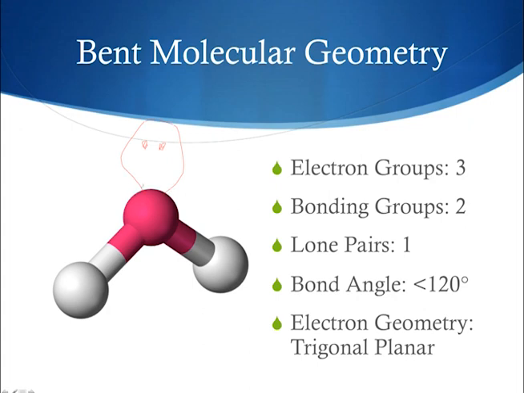And because a lone pair is actually stronger, it's more repellent than these two guys right here, they're getting pushed towards each other because this is so strong, it's repelling them and they're getting closer. So our bond angle right here is actually going to be less than 120 degrees. And because this is a lone pair and we have 2 bonding groups and 1 lone pair instead of 3 bonding groups, it has a new name and we call it bent.